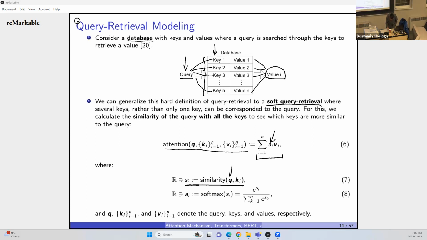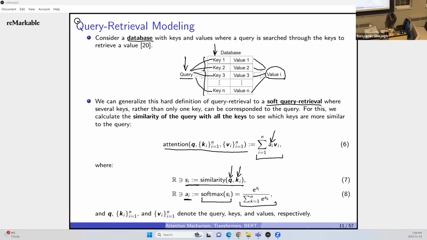Q here stands for query, K_i stands for the ith key. Then it gives us a similarity score, but to turn it into a distribution we put it in softmax form. Then it gives us A_i, which is the weight. These A_i sum to 1, and they are between 0 and 1.